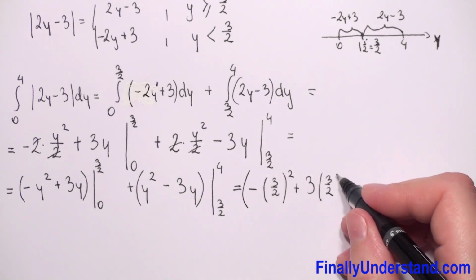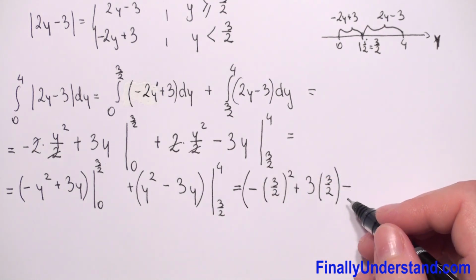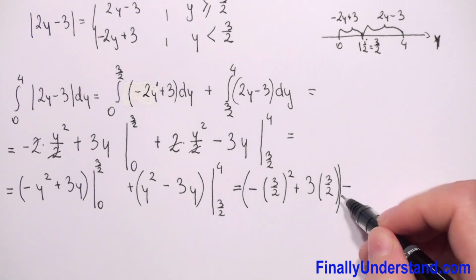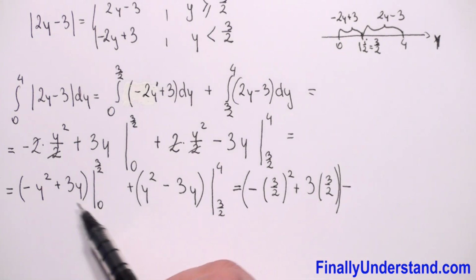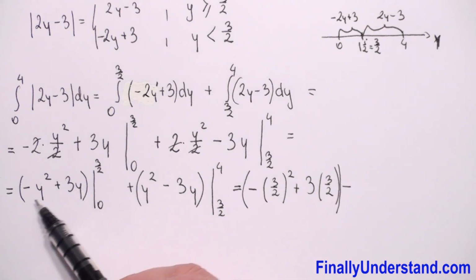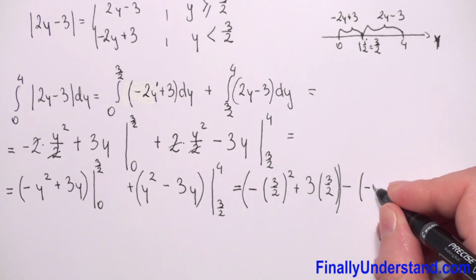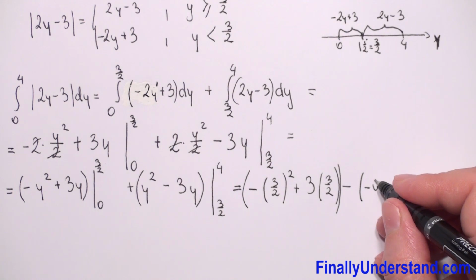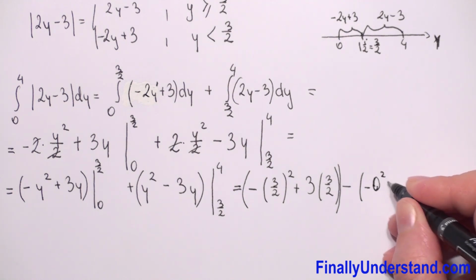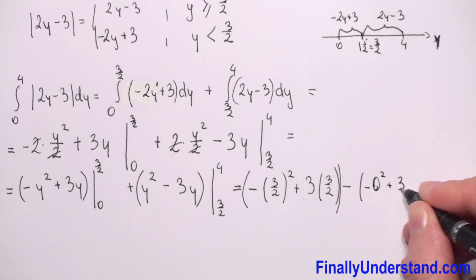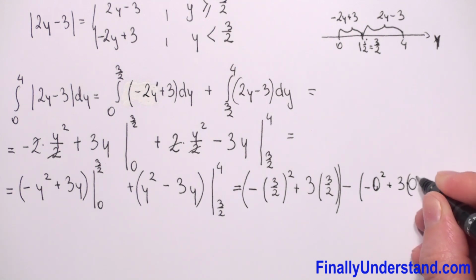Let me put this in parentheses, minus. Now we have to subtract the lower limit, so we have to replace y's by 0. So it will be negative 0 square plus 3 times 0.